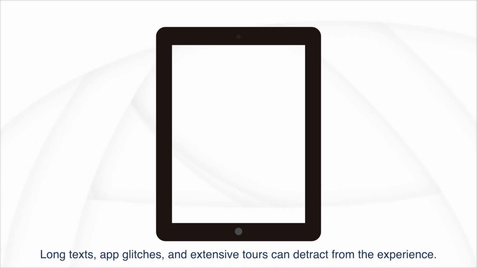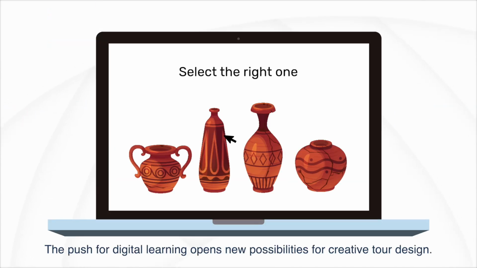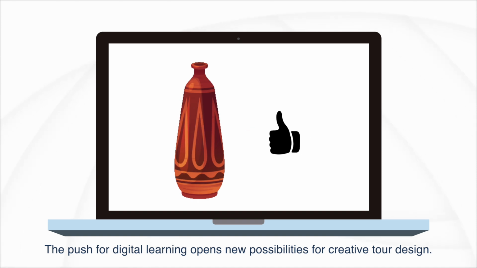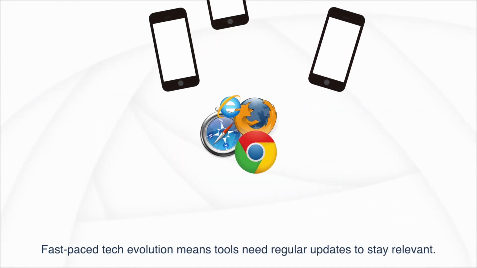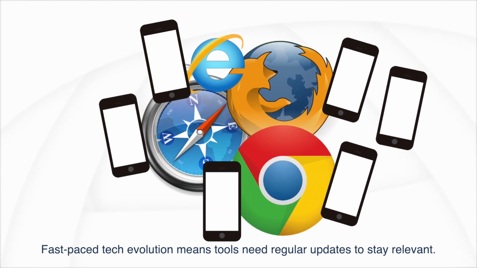Weaknesses: long texts, app glitches, and extensive tours can detract from the experience. Opportunities: the push for digital learning opens new possibilities for creative tour design. Threats: fast-paced tech evolution means tools need regular updates to stay relevant.